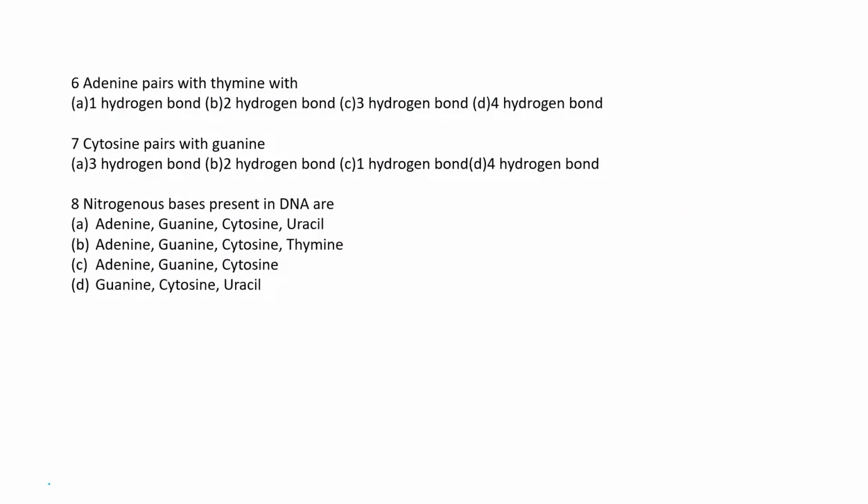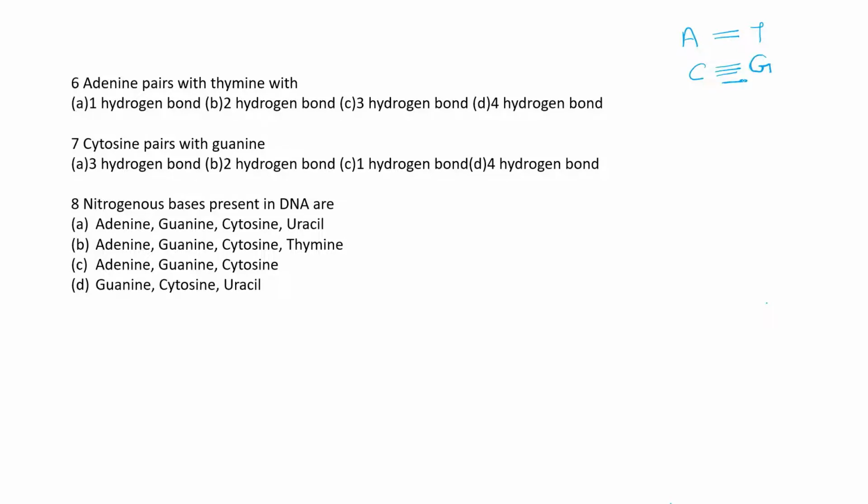Sixth question is, adenine pairs with thymine with, and here the options are 1 hydrogen bond, 2 hydrogen bonds, 3 hydrogen bonds, 4 hydrogen bonds. Between adenine and thymine, 2 hydrogen bonds are present, and cytosine and guanine are linked together by 3 hydrogen bonds.